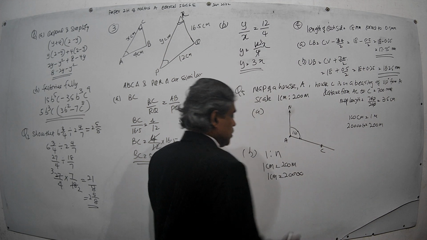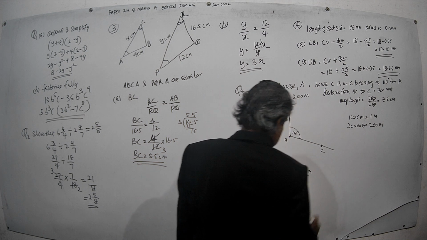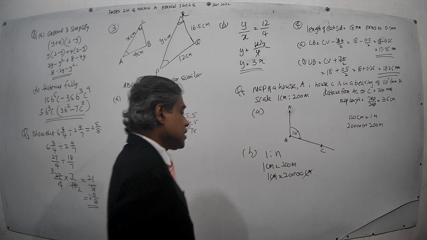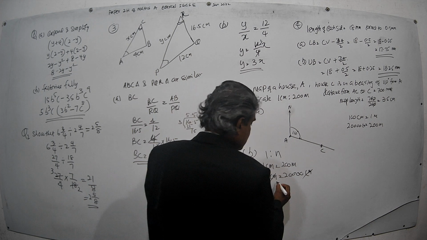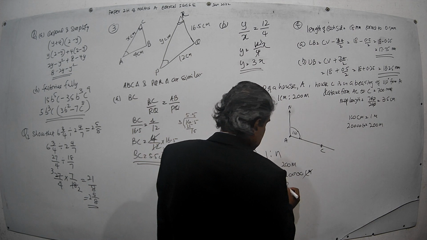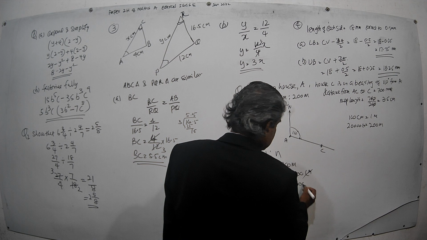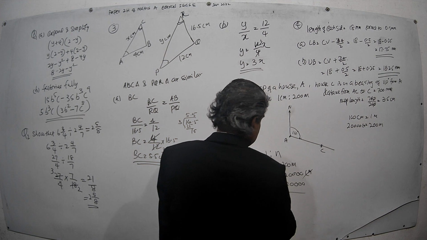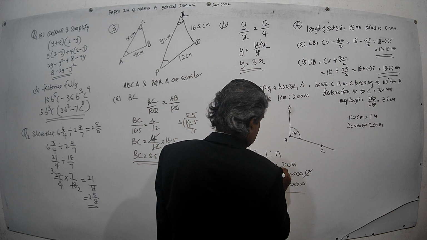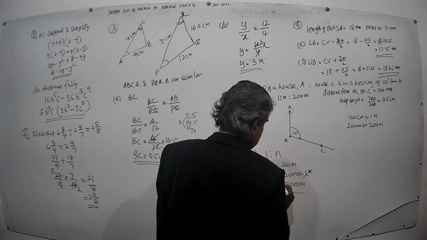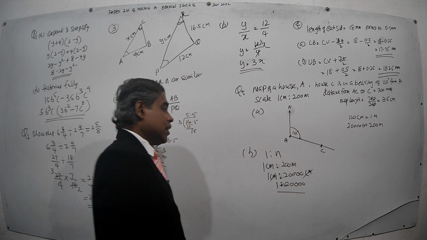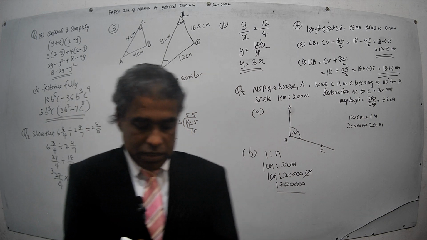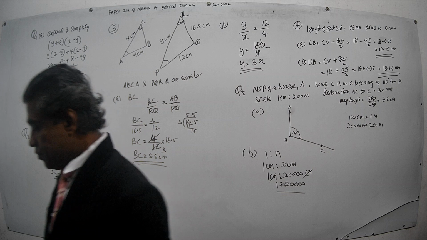Now you can cancel the centimeters, and what is left is 1:20,000. Then in 1:n, n is equal to 20,000. That's right. Now you go to the next one.